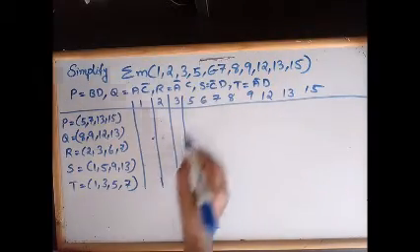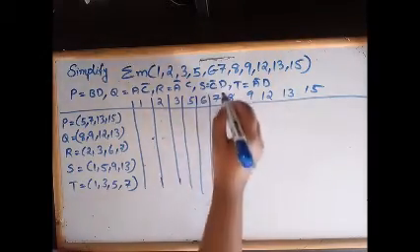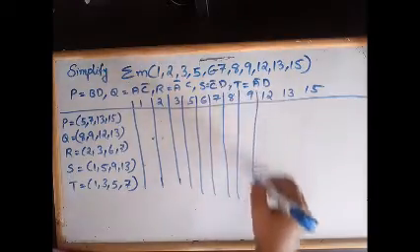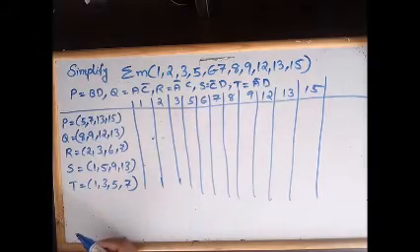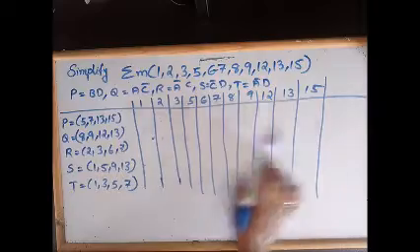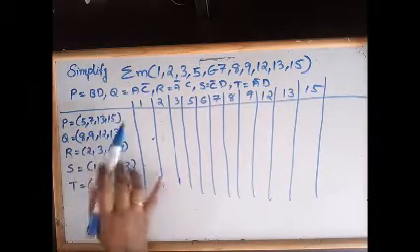So just create a table like this. These are the min terms in our question. Then just put a cross mark on the corresponding min terms for each prime implicant.